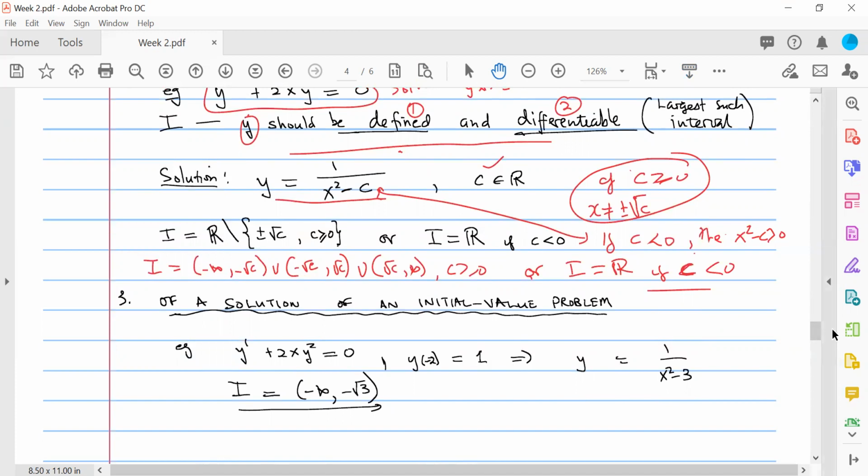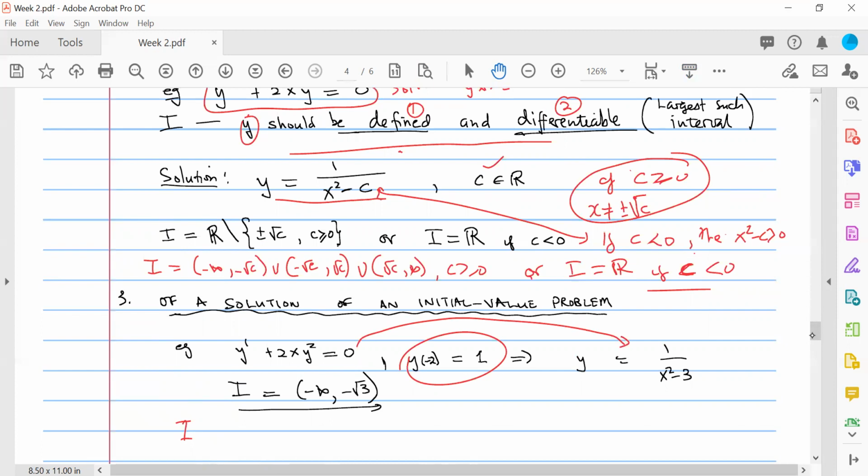Now let's look at an interval of definition I of a solution of an initial value problem. So basically, you have the differential equation and then you add some starting point. So now what it means is you have to solve.